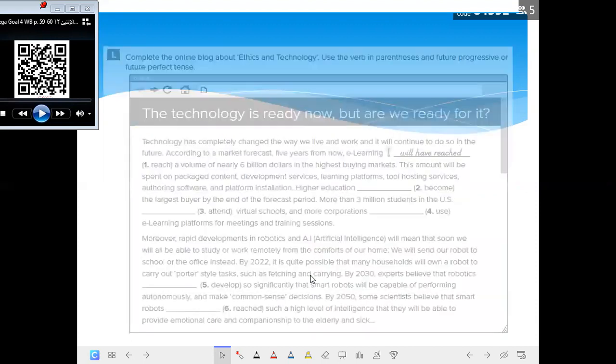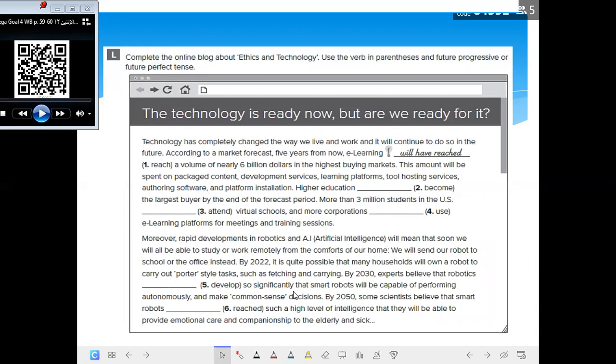So significantly that smart robots will be capable of performing autonomously and make common sense decisions by 2050.